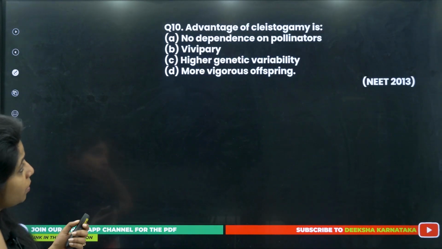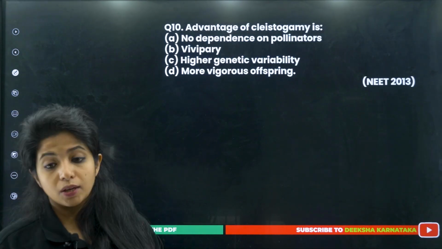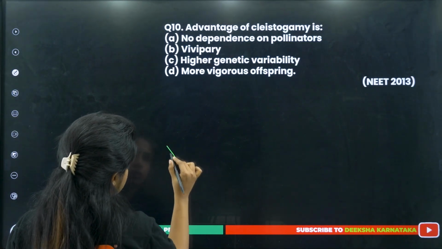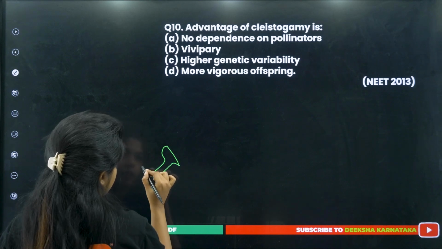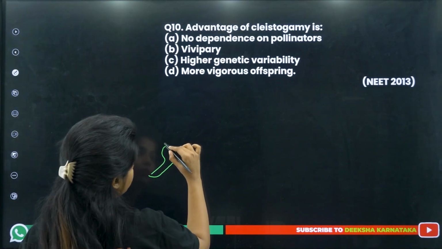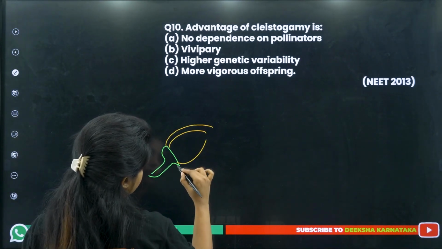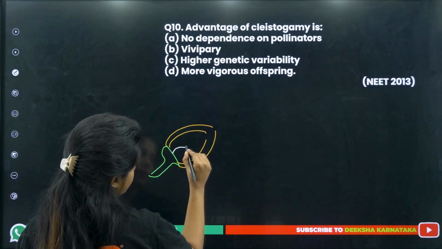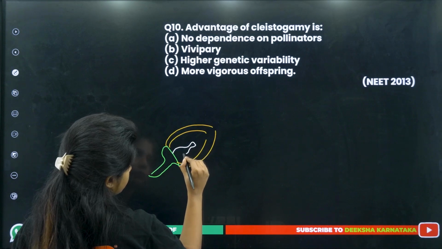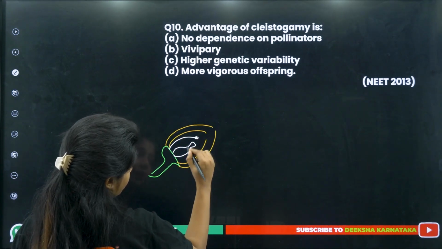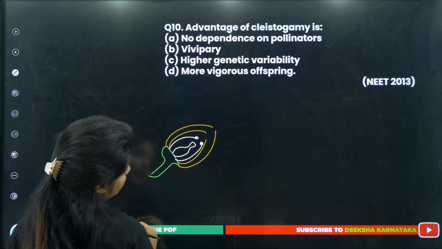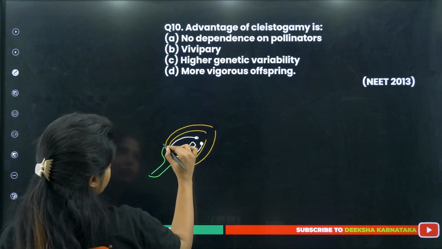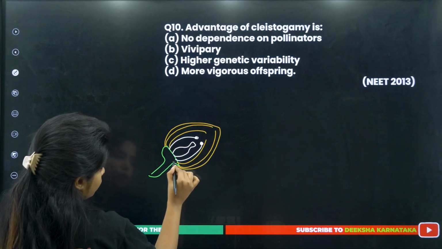Going ahead. Question number 10, advantage of cleistogamy is, what do you mean by cleistogamy? I already taught you, but I can still teach you because you are my children. So over here we have the thalamus, and then we have the flower, and this flower will be having the stigma, sorry, the pistil, and also the anther. Please remember that this particular flower is totally closed.